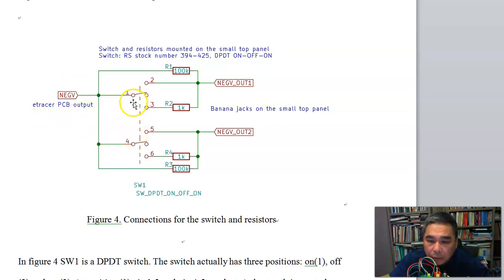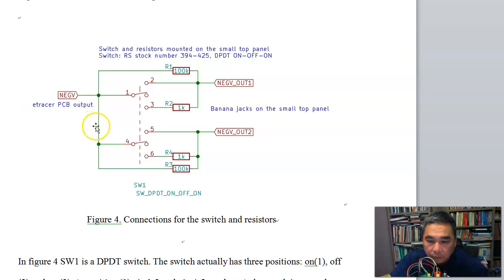and let's assume the switch is in position 1, which means pin 1 and pin 2 are shorted, and pin 4 and pin 5 are shorted. In this position, the negative V is shorted through pin 1 to pin 2 to the negative output 1. This is one of the banana jacks, and this is the other banana jack for negative V, the yellow one.